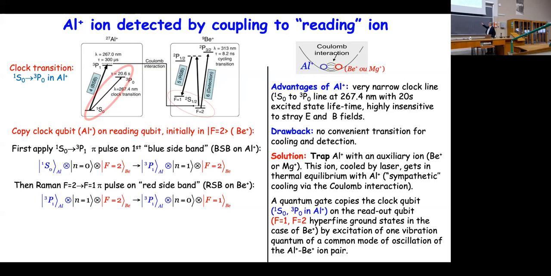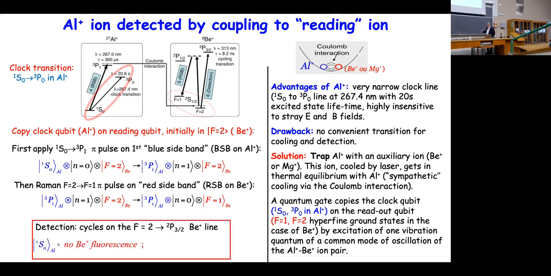And you see that for this transition to occur, the atom has to be in the F equal 2 state. So what happens now? Look at what happens. If the atom was at the beginning in 1s0, that is in the ground state of the aluminum ion, you see that the beryllium is not fluorescing because the beryllium has gone from F equal 2 to F equal 1. And so the beryllium does not fluoresce if the aluminum ion is in 1s0.